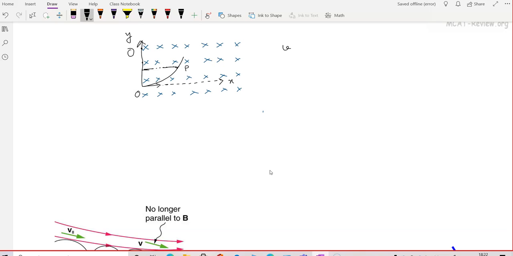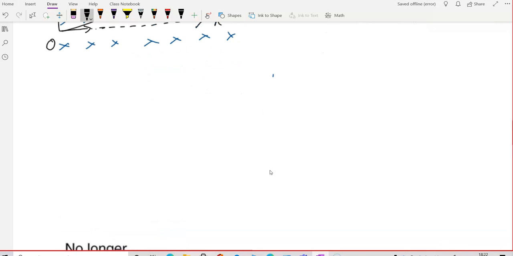Suppose V is given as V0 i and B equal to B0 into minus k, because I have shown here it is minus k only, going into the plane of paper, isn't it?